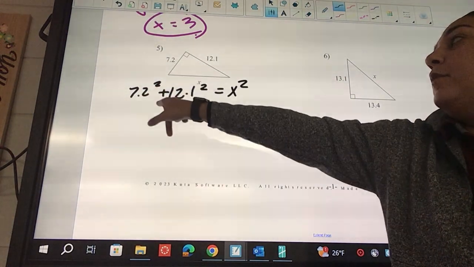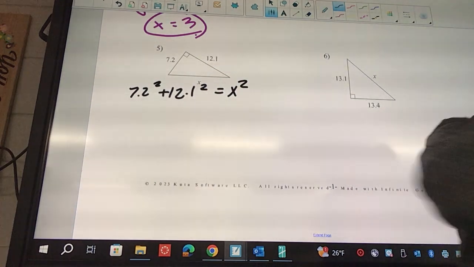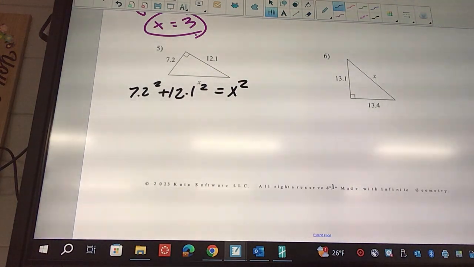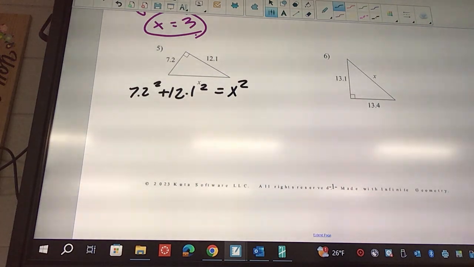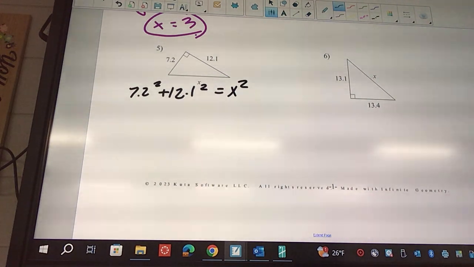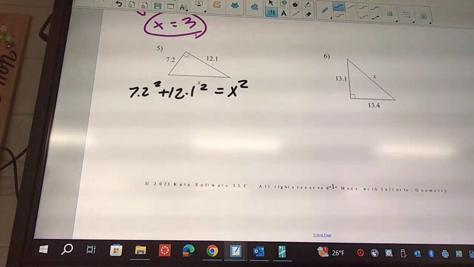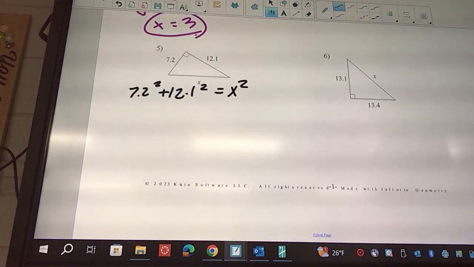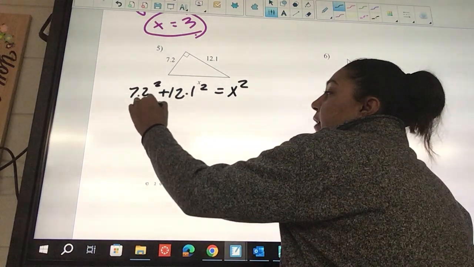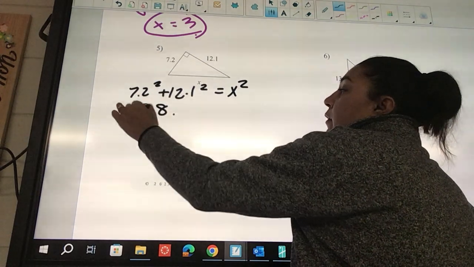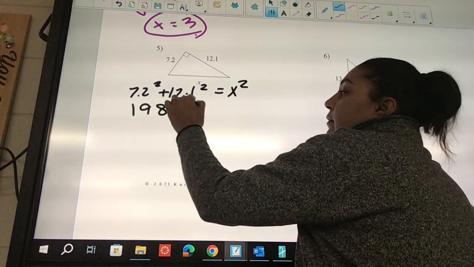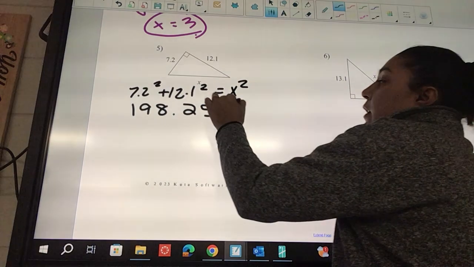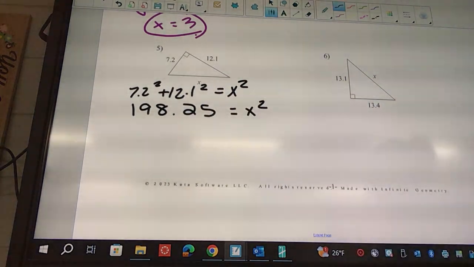You can type in 7.2 squared plus 12.1 squared, to save yourself some steps. And what number do you get when you do that? What is 7.2 squared plus 12.1 squared? 198.25 equals x squared.